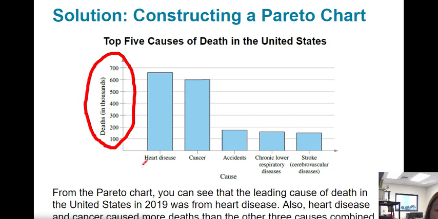In a Pareto chart, I want to stress that you always start with the highest frequency category, and then you drop off in descending order. So that's the other thing about Paretos: order matters.